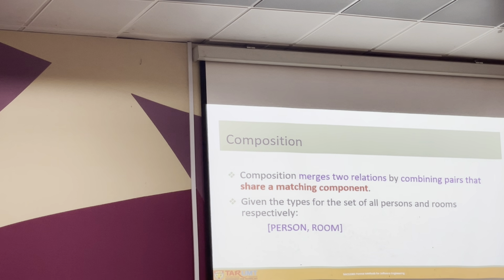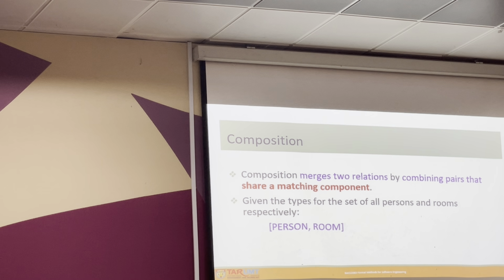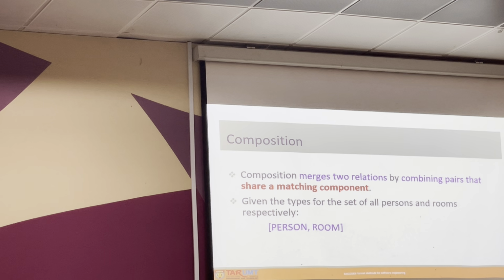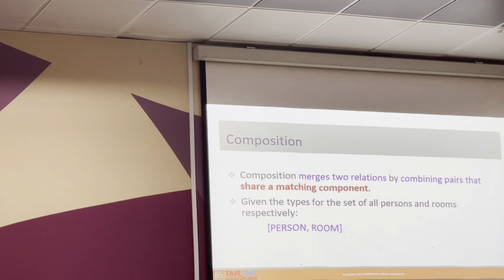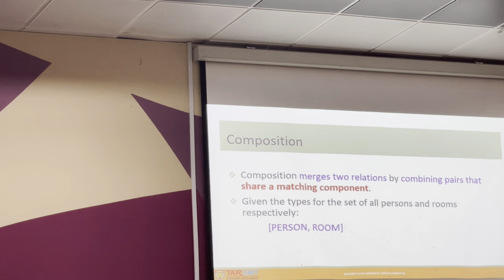So you can do composition to show that the range of A is the same as the domain of B. So you can show that there is a relationship between the domain of A and the range of B. That's what I mean by composition.